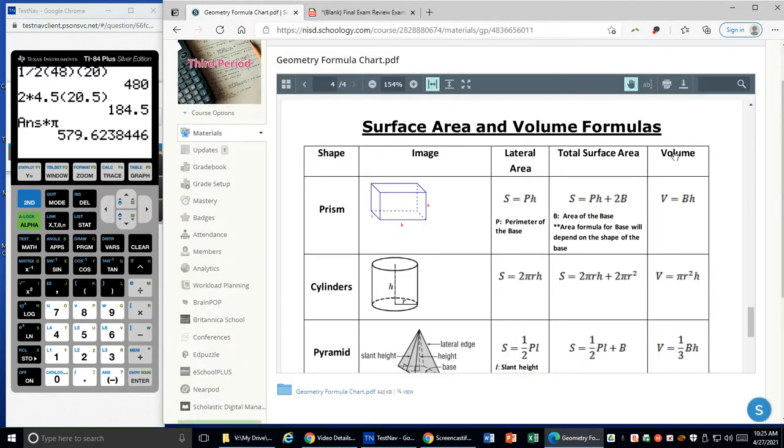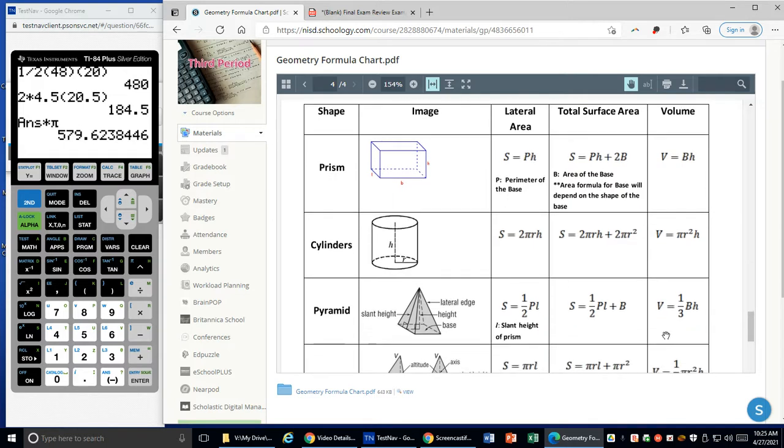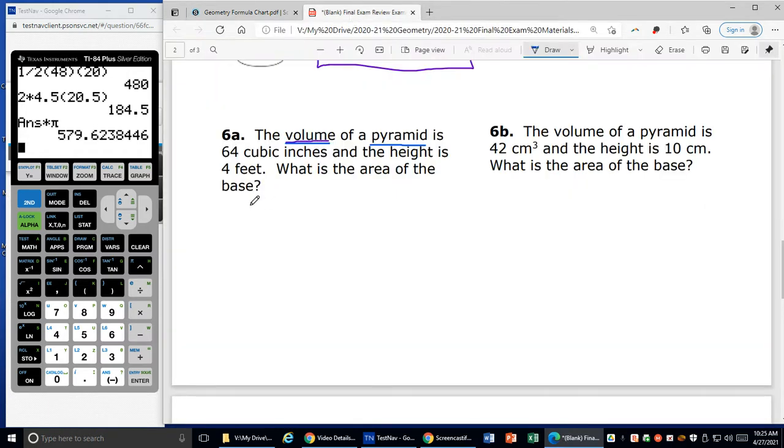Volume for a pyramid. Volume is my last column. And for a pyramid, my volume equals 1/3 capital B H, where capital B is the area of the base. Volume equals 1/3 capital B H.